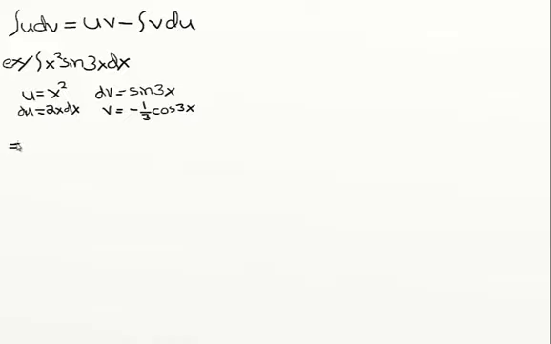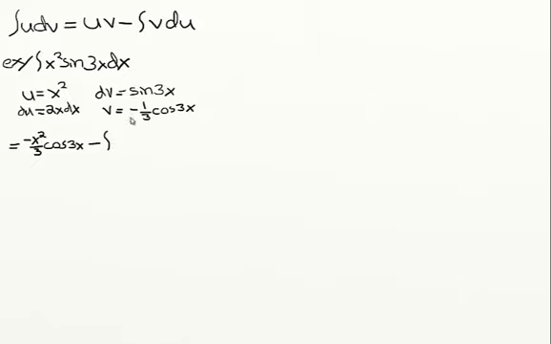So we're going to first do our u times v. Our u was x squared, and our v is negative 1/3 cosine of 3x, so we're just going to write that out in front here. So there we have our uv. Now we're going to subtract the integral of v.